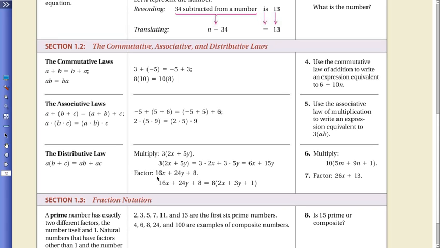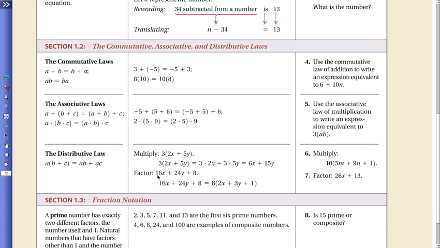Now when I factor, meaning using the distributive property, if I have a common multiple of each one of these parts of the addition, I'll notice that this is 8 times 2, this is 8 times 3, and this is 8 times 1.